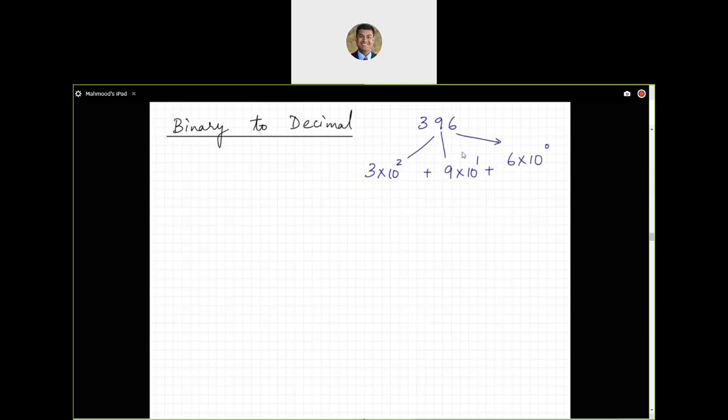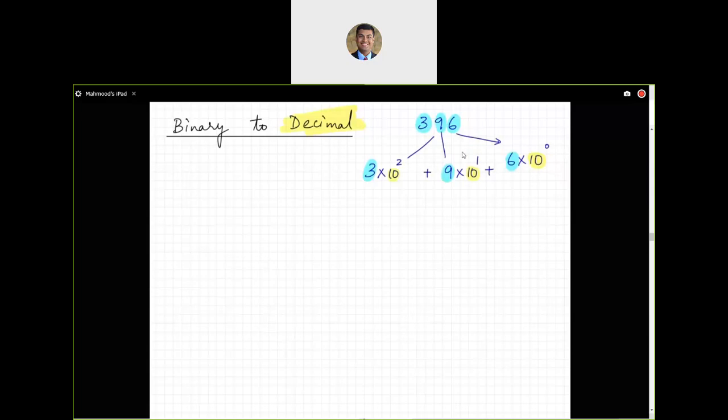We use 10 because it is a decimal number system, and we use 3, 9, 6 because those digits in that particular order are 396. We use 0, 1 and 2 because the position of the digit is indexed starting at 0 from the rightmost position, and then 1 and 2 and so on. So that's how we write decimal numbers. If we follow the same strategy for binary, we will be able to convert binary to decimal.